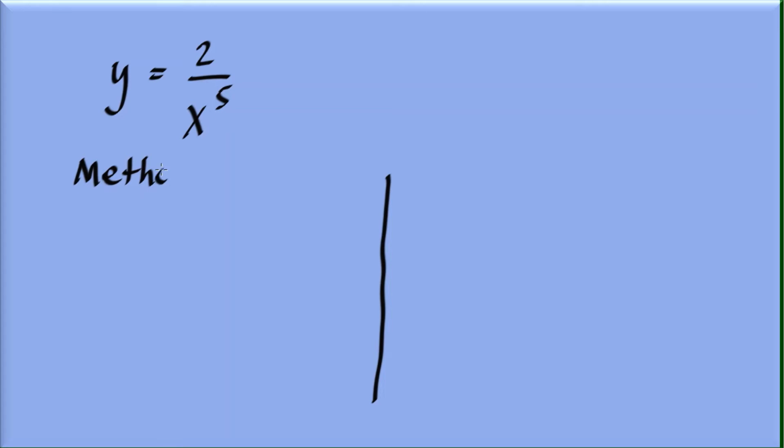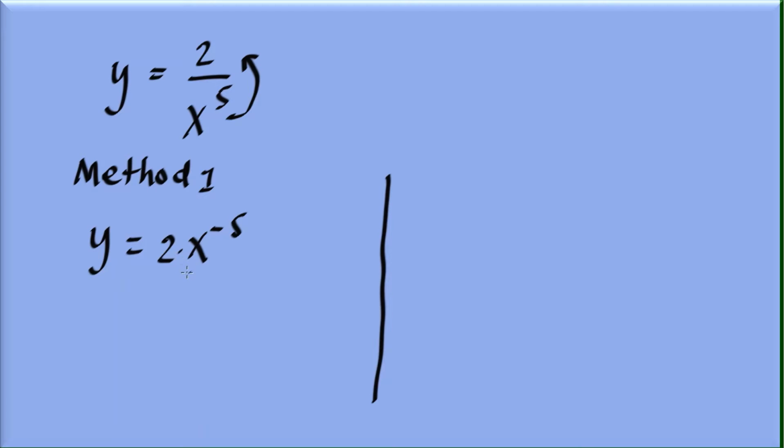So again, for that particular fraction, 2 over x to the fifth, one shortcut or trick to bypass the quotient rule is, let's name it method 1. You can bring this x to the fifth on top, that makes it 2x to the negative 5.